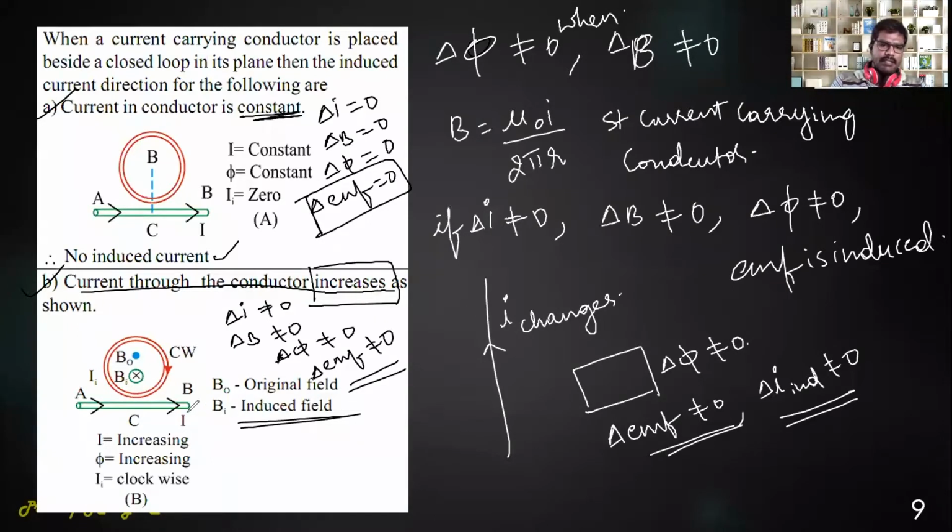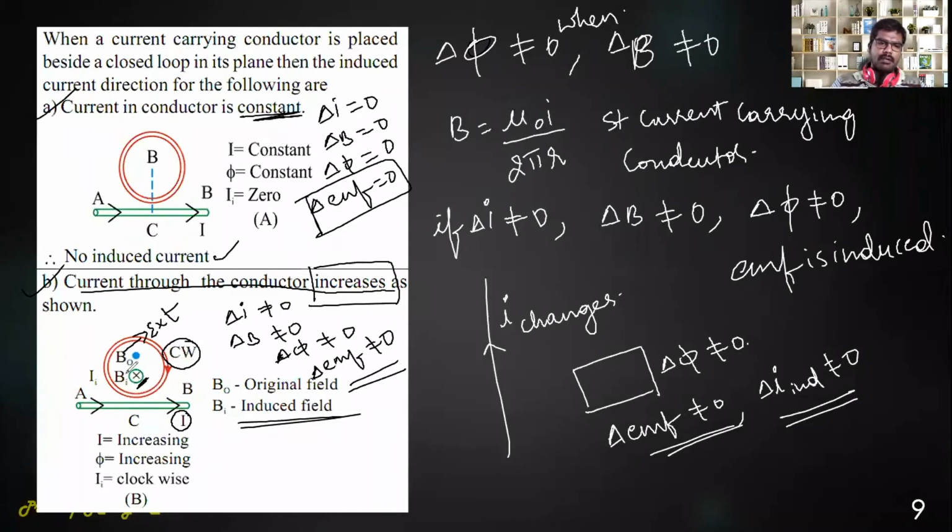So here I is undergoing change. Therefore, the magnetic field inside would undergo change, right? This is how the magnetic field is produced. Sorry, outward. This is external. Because of that, clockwise current is developed over here.